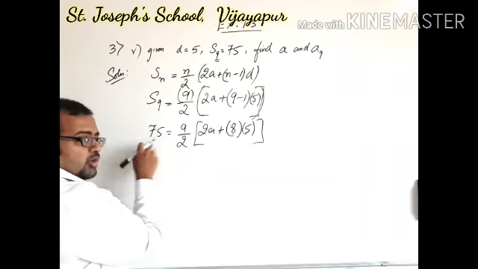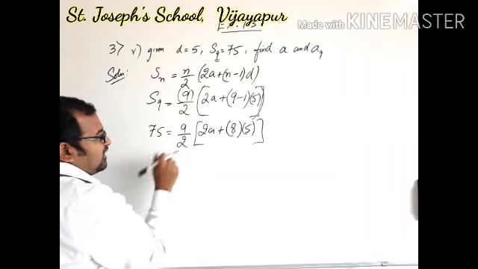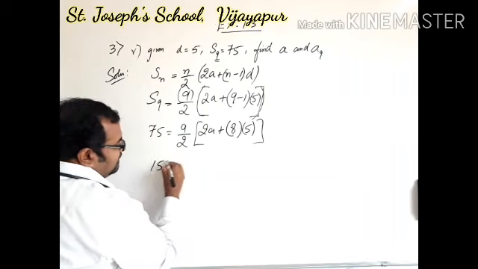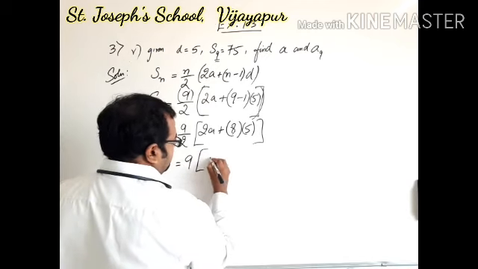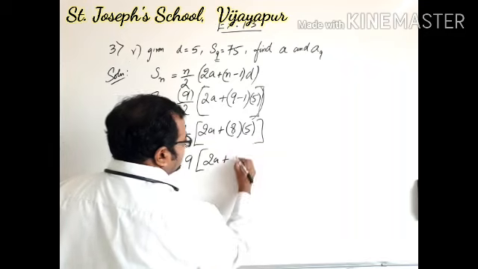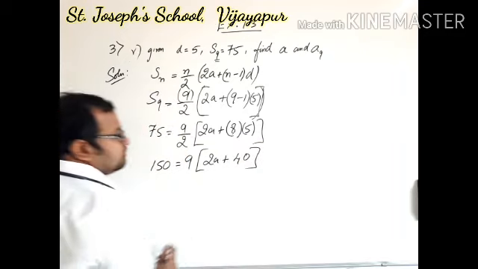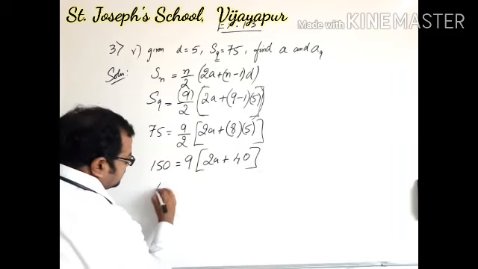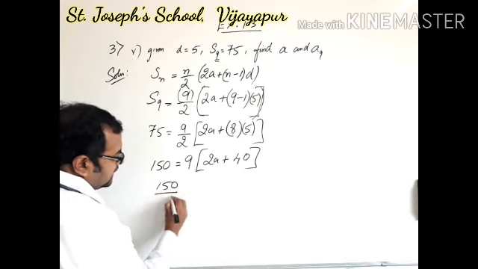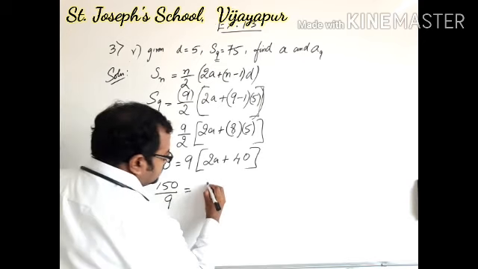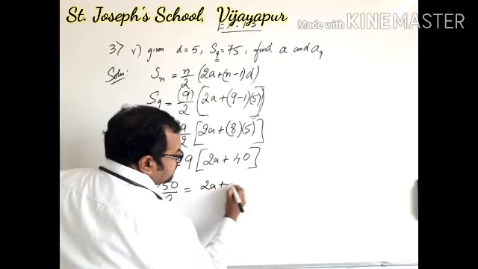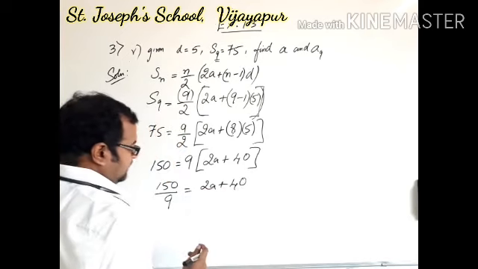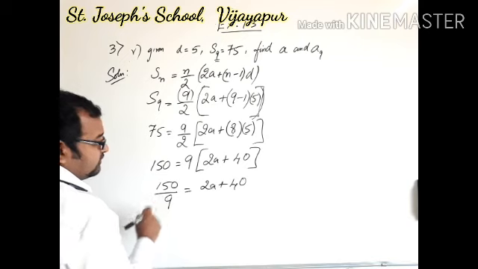Next step. 2 can be brought to the other side by transposition. 75 into 2, which is 150, is equal to 9 into 2a plus 8 5s are 40. Further simplification: 150 by 9 is equal to 2a plus 40. We can simplify 150 by 9.